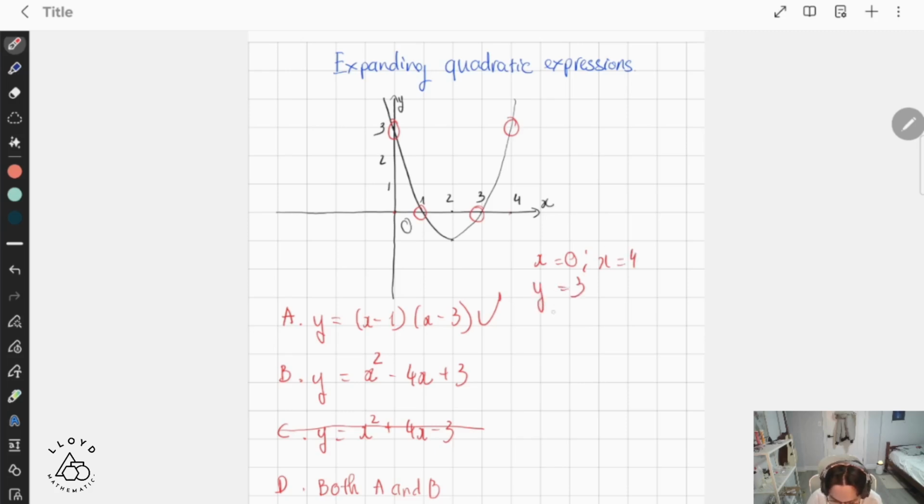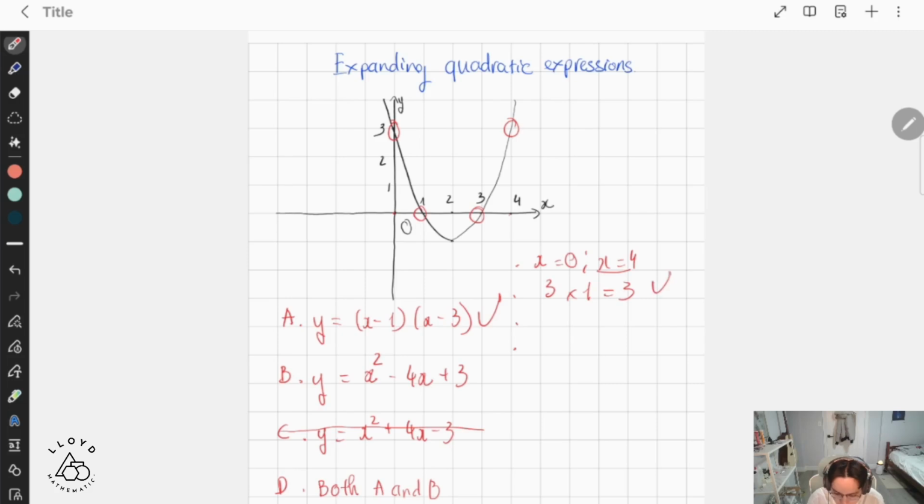If x is 0, I put it into A, that will be 0 minus 1 is minus 1, times minus 3, that's 3. So this is correct. And how about 4? At x equal to 4, I get 3 times 1, which is equal to 3. So this is also correct, so we can choose A.